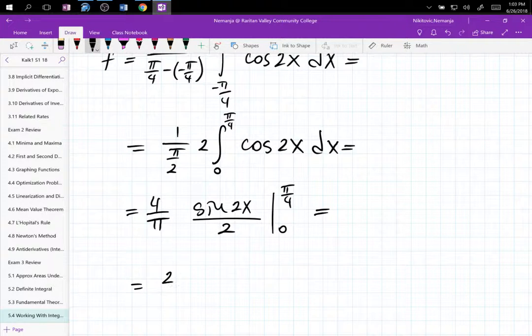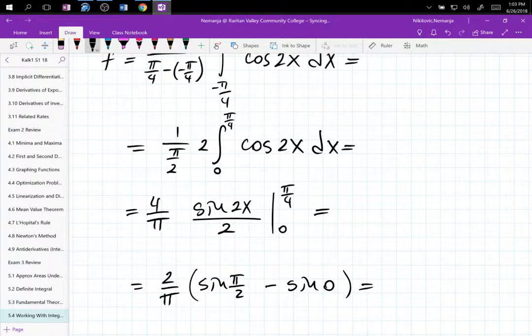This is 2 over pi, and then sine of pi over 2, which is 1, minus sine of 0, which is 0. So the whole thing is 2 over pi.